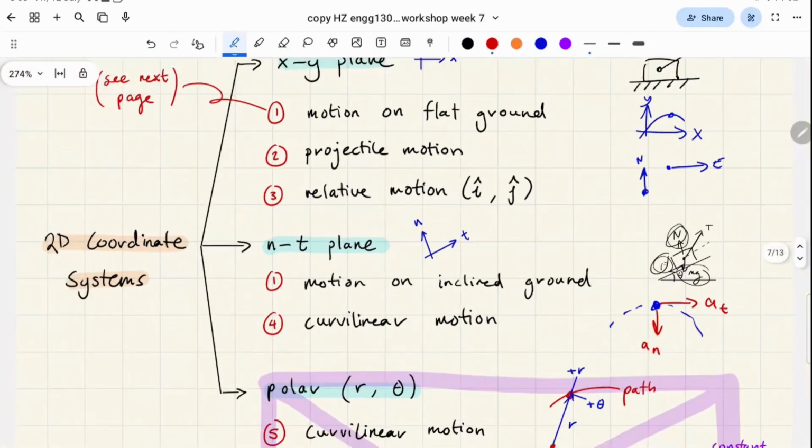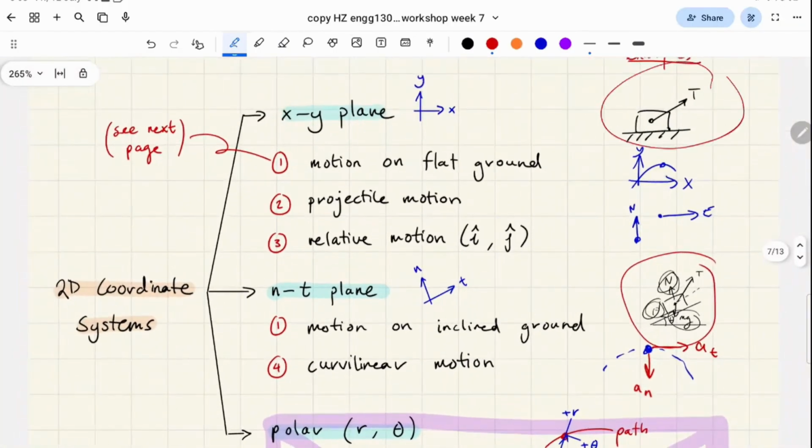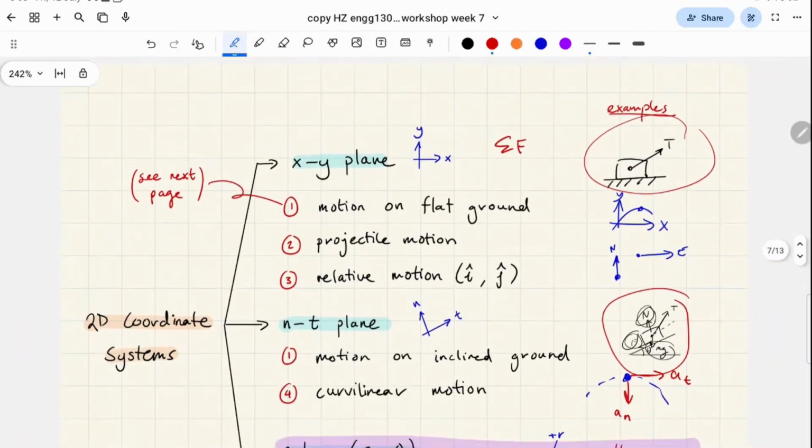I want to quickly say, this is a realization I made just now in the break. The motion on inclined ground and flat ground, generally this is to do with Newton's second law, the sum of the forces, that kind of stuff. Every time I look up the definition of kinematics and kinetics, I get confused, but I'm pretty sure that's kinetics.